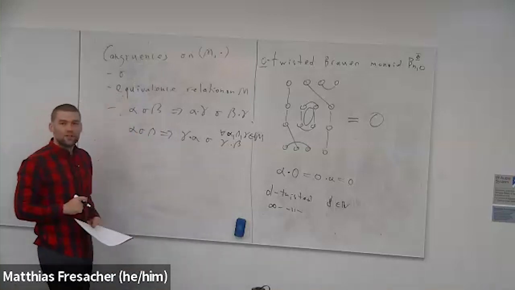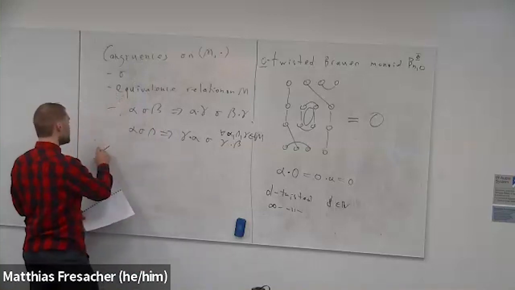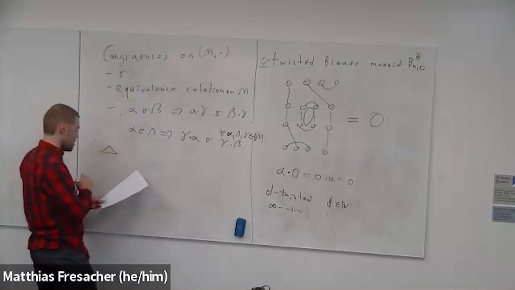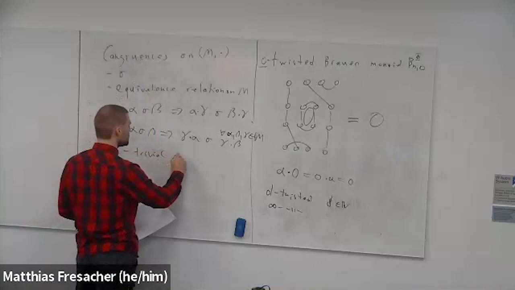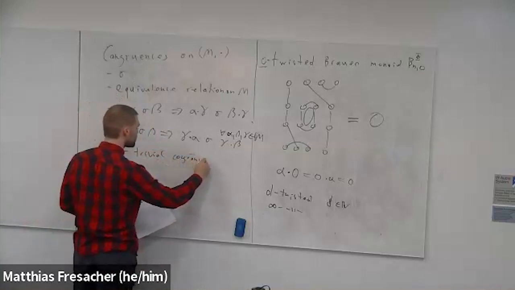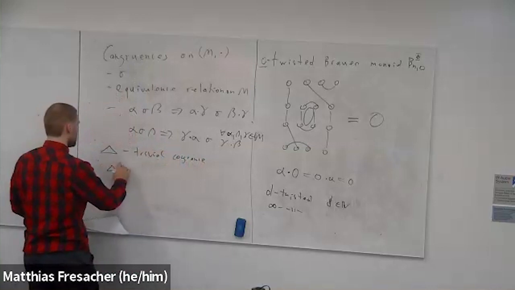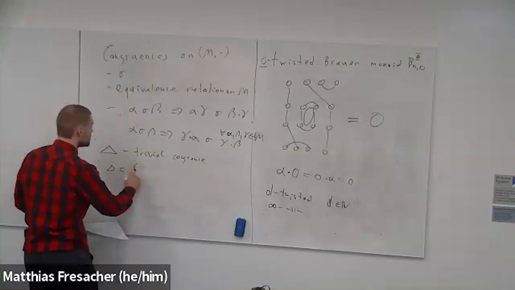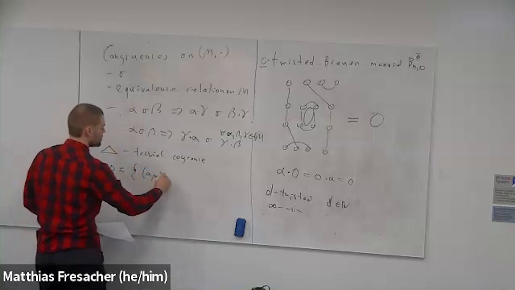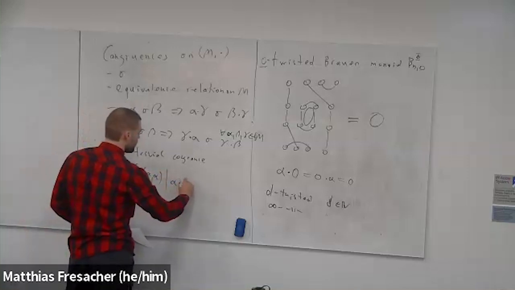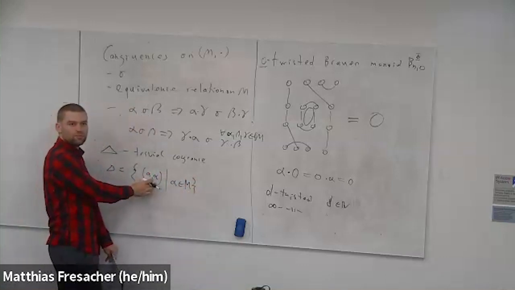Okay, as is normally the case when we have a definition, what's an example? Well, there's two easy examples. One is the trivial congruence. So trivial means that, remember it's an equivalence relation, and I'm just going to have it be the set where everything is only congruent to itself.